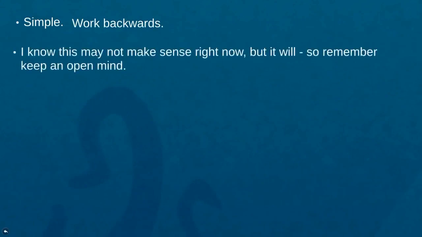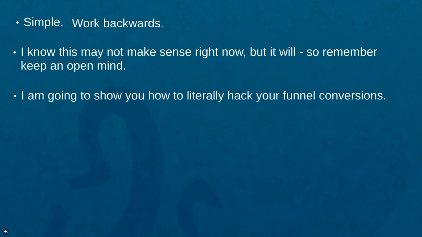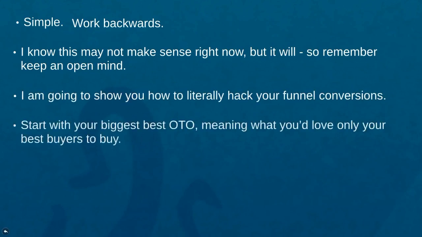And while I know this doesn't really make a lot of sense right now, it will. So like I said earlier, keep an open mind. Do not assume anything. Do not bring in any type of preconceived notions. Just kick that out right now. I'm going to show you literally how to hack your funnel conversions by working backwards.